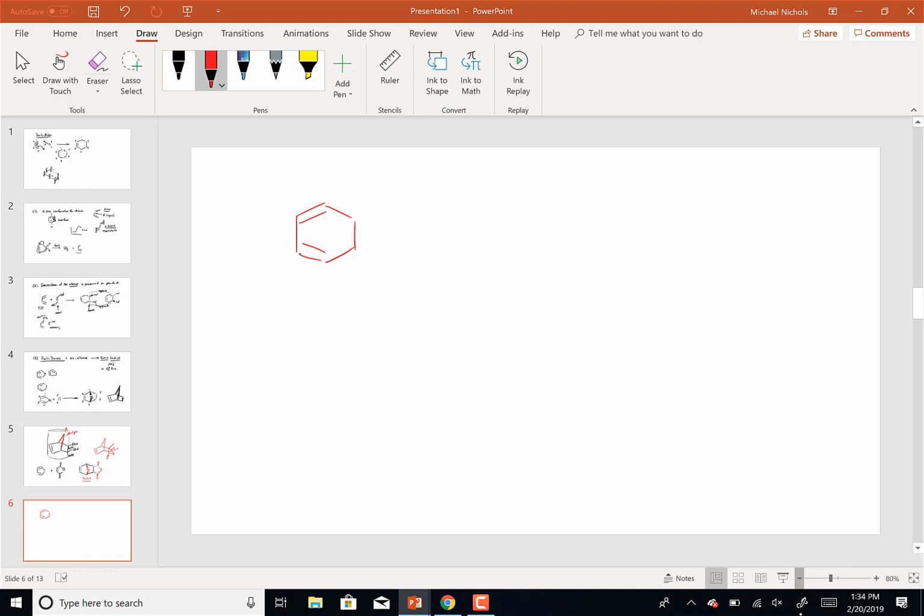Now the cyclohexadiene, instead of having a CH2 as the bridge, is going to have 2 CH2s as the bridge. So if we reacted it with a trans alkene like this, the reaction would still go. It's just that it's not going to form an exo or an endo product, because the exo and endo products are defined as both of those groups being cis.